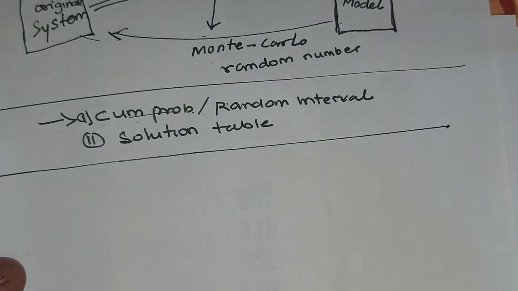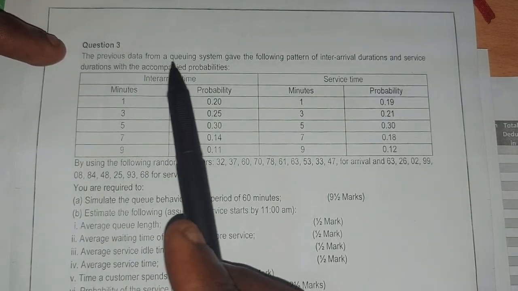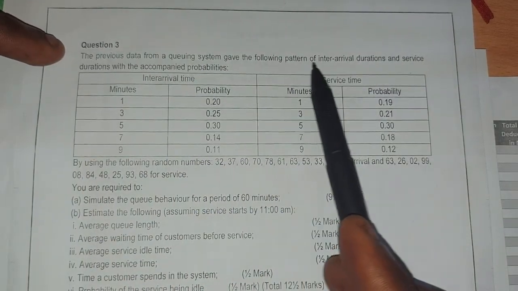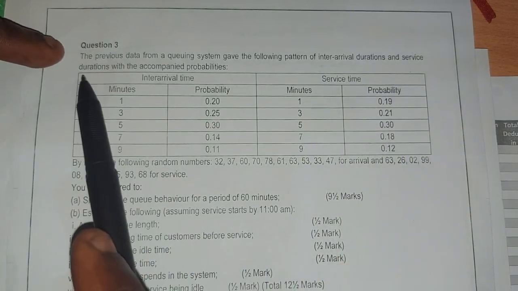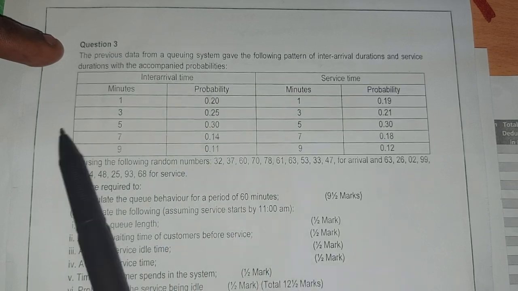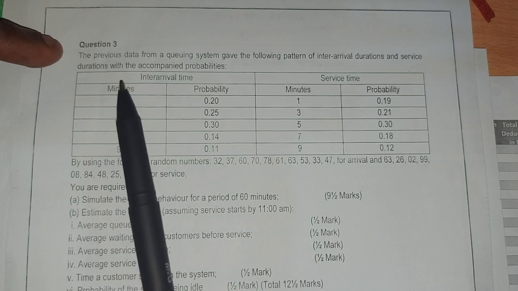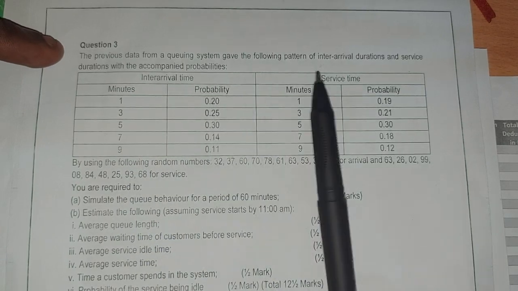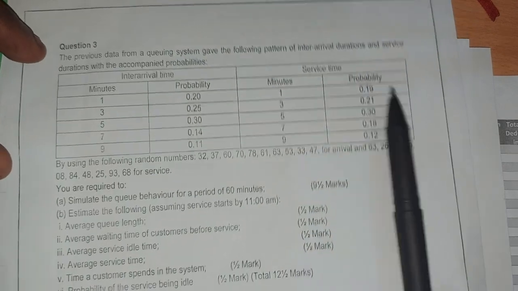Looking at this question. The previous data from the queuing system gives the following pattern of inter-arrival duration and service duration with the accompanying probabilities. So the two tables have been given: the inter-arrival time in minutes with the probabilities, then the service time in minutes with the probabilities.